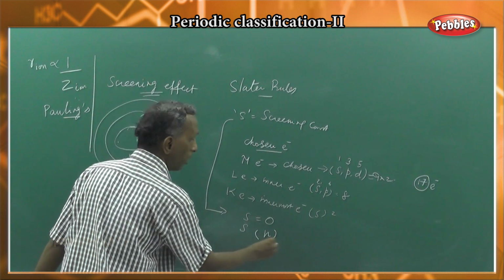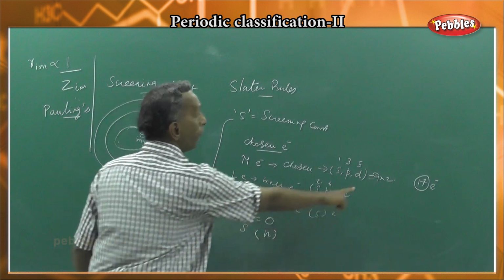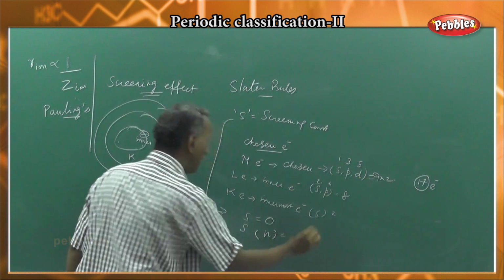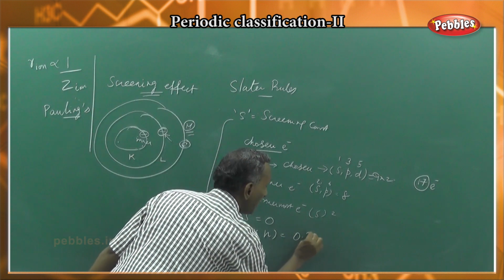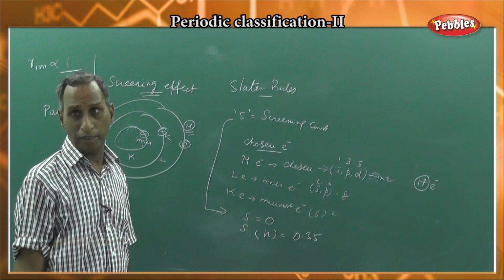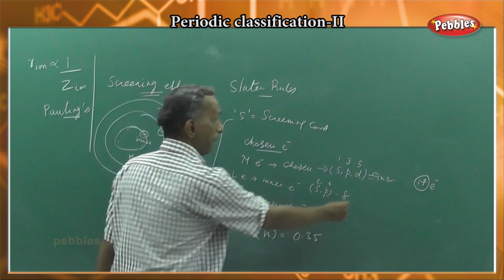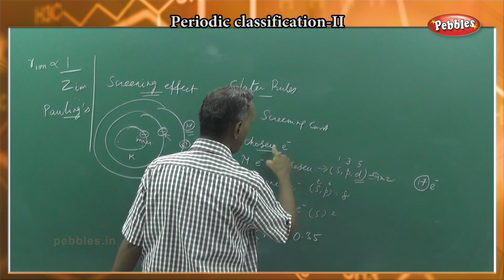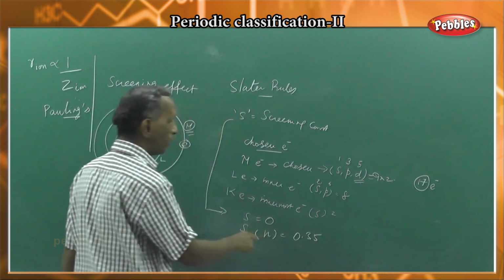In the same group the quantum number is the same. The screening effect of all other 17 electrons in the same group is given by the screening constant S equal to 0.35. These are only numerical values to be noted.